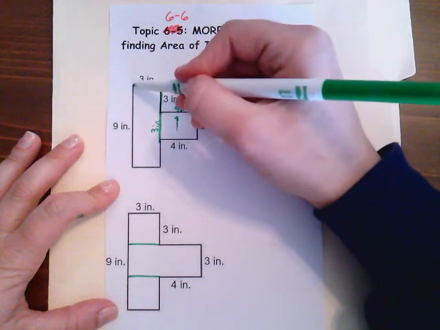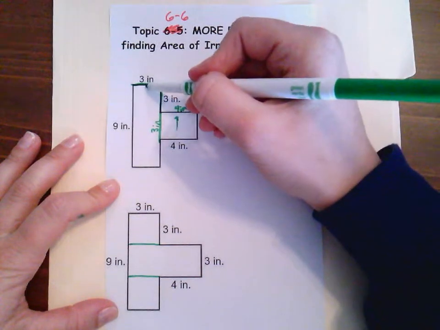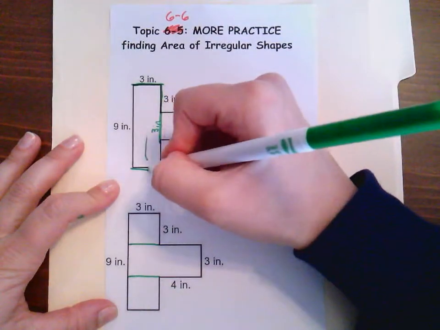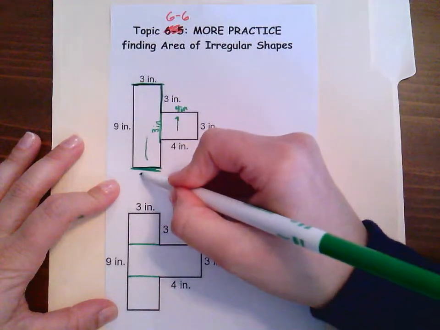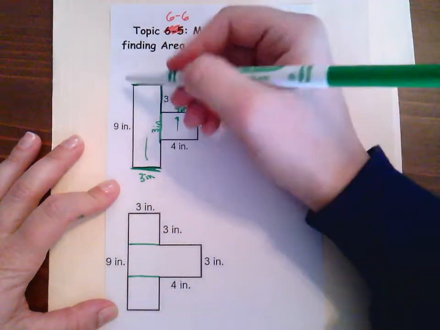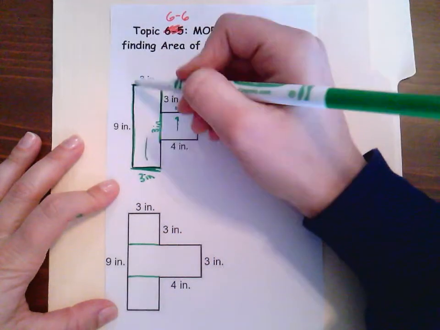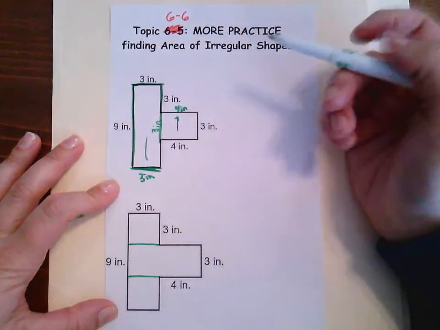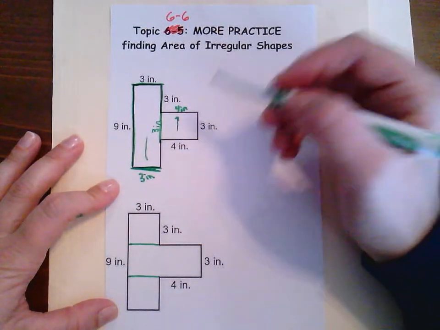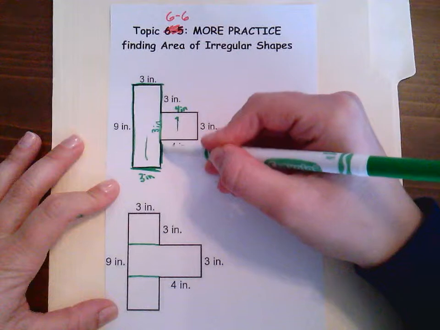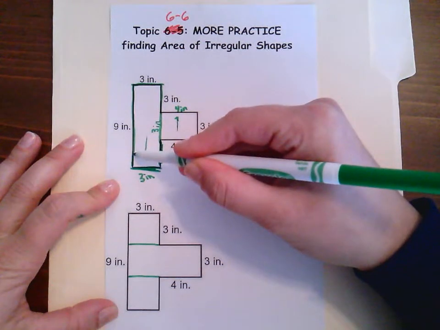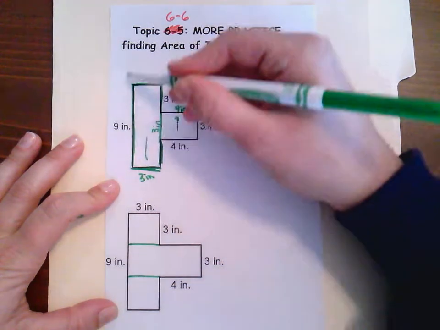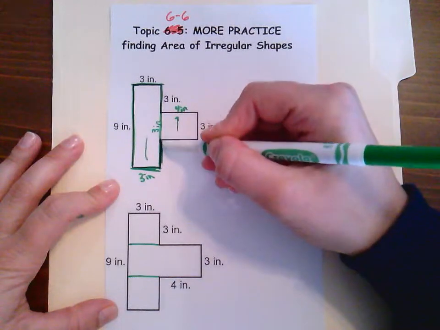All right. I see up here I've got 3 inches, so I know if I follow that all the way down to the piece that matches up, it will also be 3 inches. And I see that right here, this entire side is 9 inches. So the only piece I don't have labeled is this little guy right here. Across from it all I see is this giant 9 inches, but I just need this little piece.